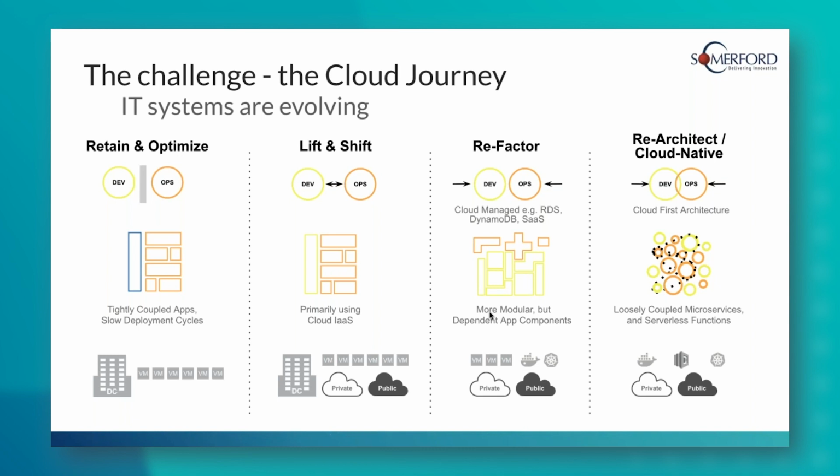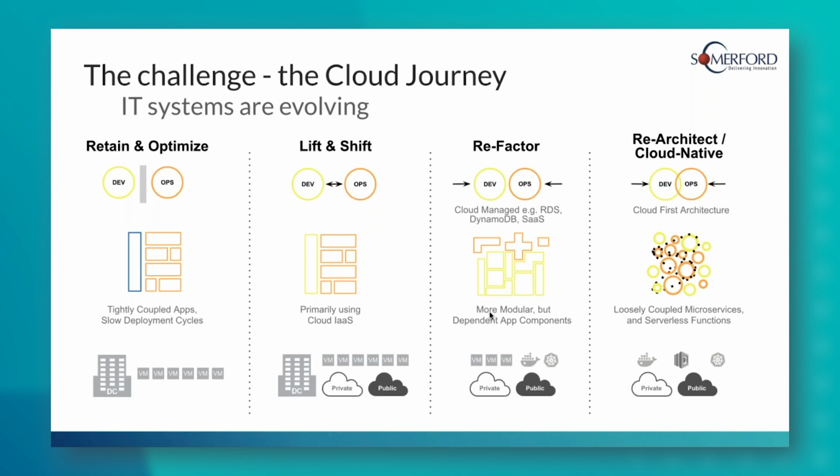The cloud journey starts by taking some of those key applications and lifting and shifting them into the cloud. And as we're making this journey, you'll see that the development team and the operations team become more tightly connected.